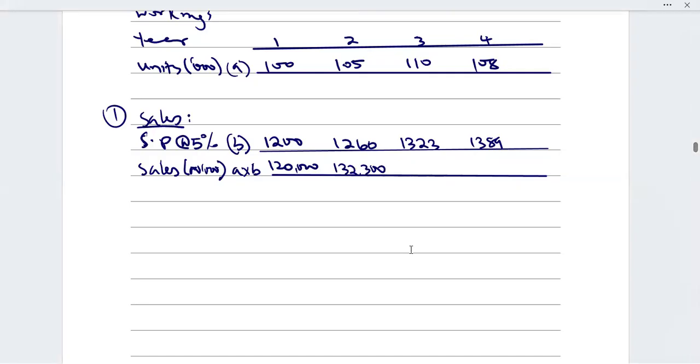Next one, 110 multiplied by 1323 is 145,530. And the last one, 108 multiplied by 1389 is 150,012.